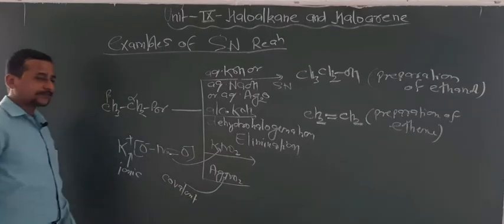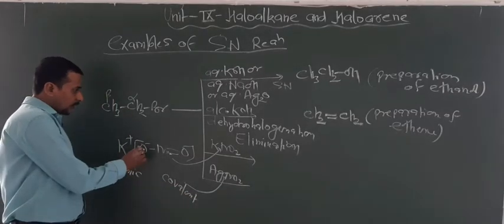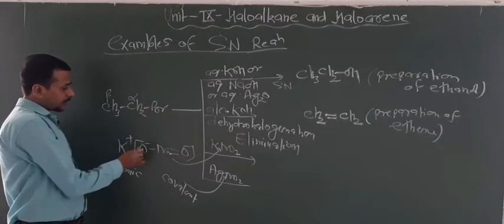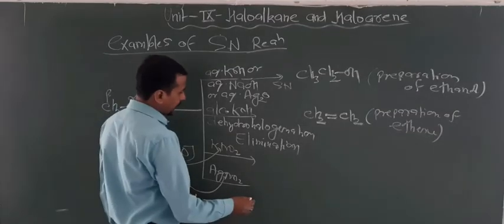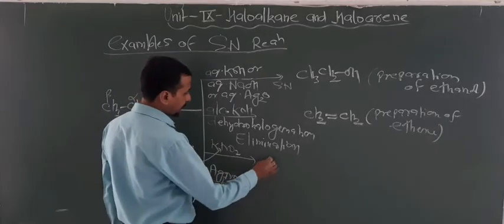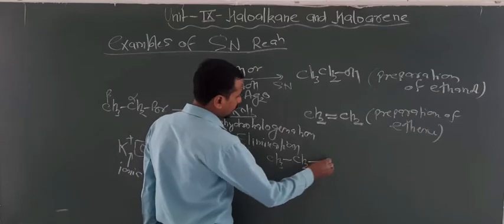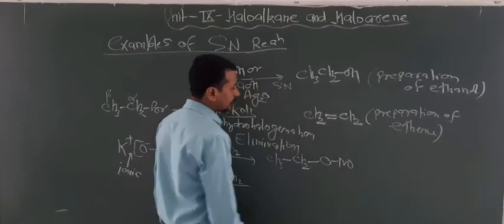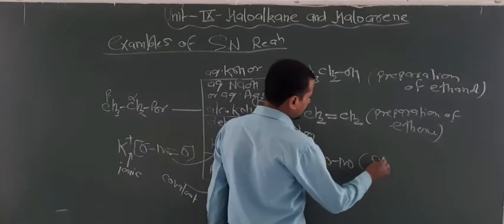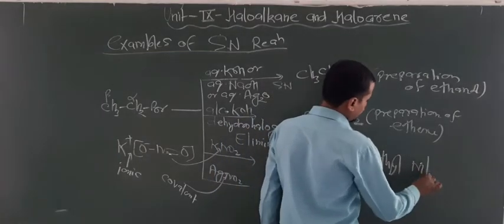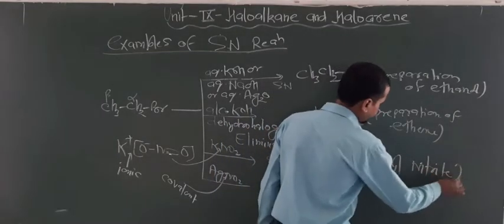So that's why in this case O attacks the carbon atom, that means the Br is replaced by ONO. So that's why the reaction gives CH3CH2ONO, and this is known as ethyl nitrite.